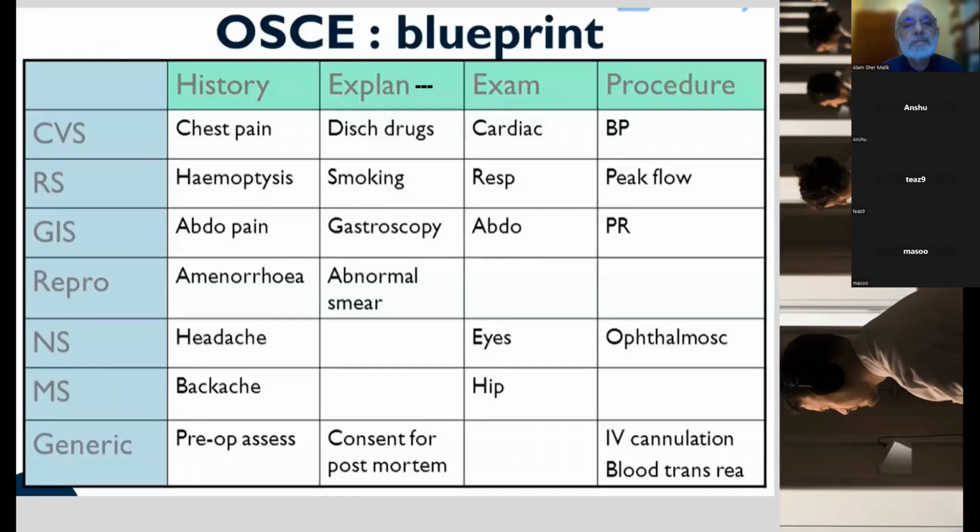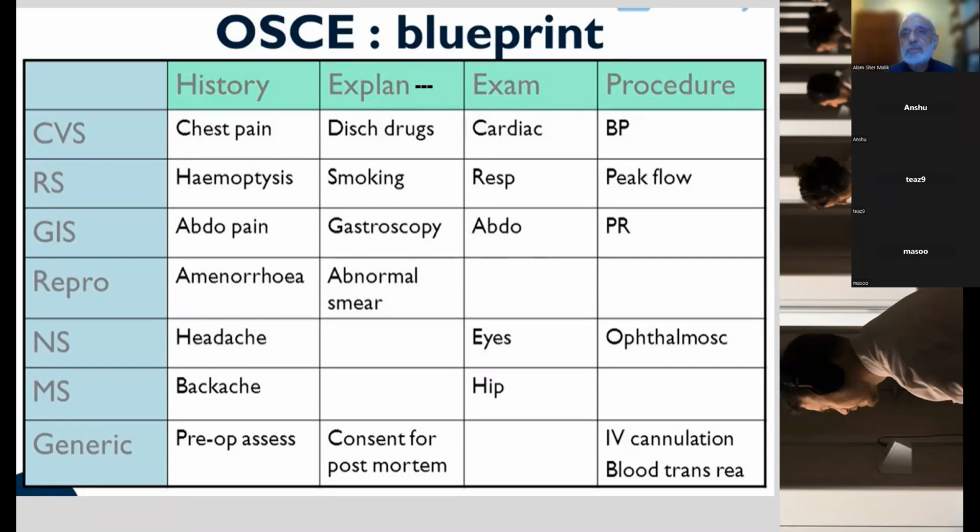The other is the blueprint for OSCE. Now, here we have the different systems, CVS, respiratory, or gastrointestinal, or you can have specialties here. And then we have history, and we have the explanation or communication to the patient, or we have the physical examination, we have procedures. So in this way, using this kind of chart, we can spread out different areas.